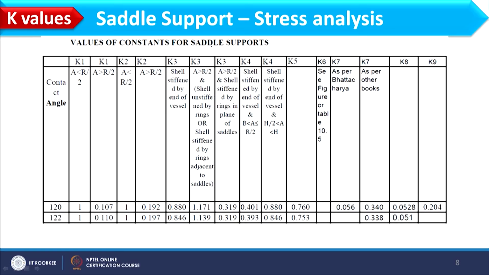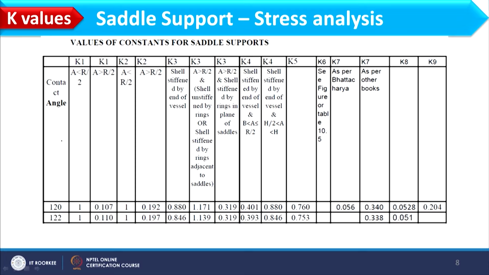Now, whatever design equations I have considered in this lecture include some design constants like K1, K2 up to K9. What are the values of these constants? We can see from this slide. Here we have values of constants for saddle support.